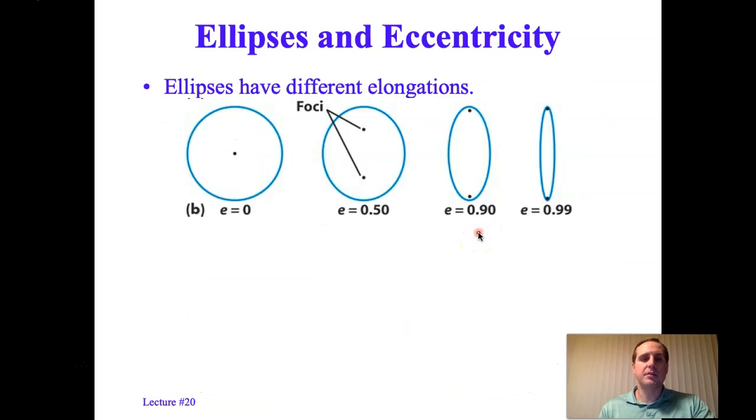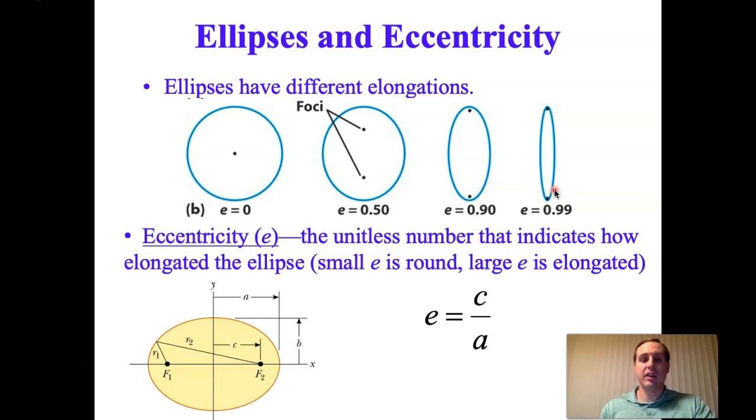So each one is possible. Now, ellipses have different elongations. Notice that if you have no elongation, it's a perfect circle. If you have an elongation that makes it more like an oval of 0.5, notice the foci are stretched out from each other. Here's an even greater elongation and a very great elongation.